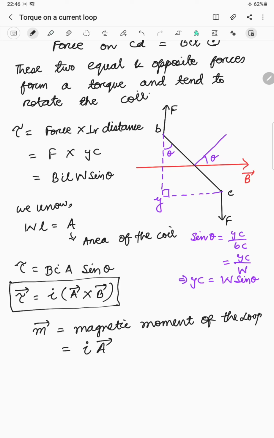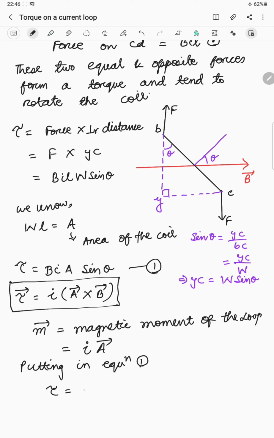This also we have studied in the previous class. If I give it as equation 1, if I put this in equation number 1, what will be my tau?